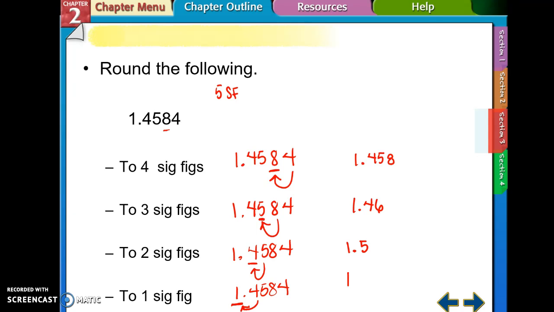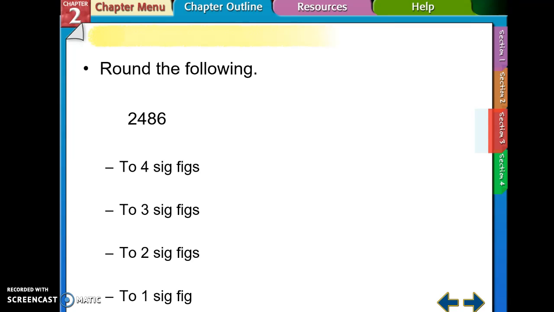So let's practice rounding again. 2,486. So if I were going to round that to 4 significant figures, it would be 2,486. Now, if I were going to round it to 3 significant figures, 2,486, I'm going to look at that 8 because it's the 3rd significant figure and see what that 6 does. So the 6 would make it round up, so it would be 2490.